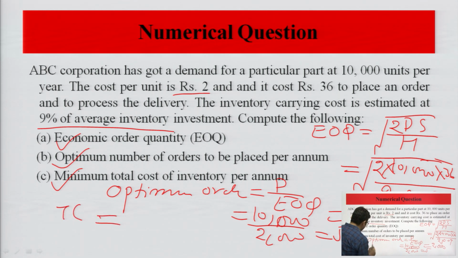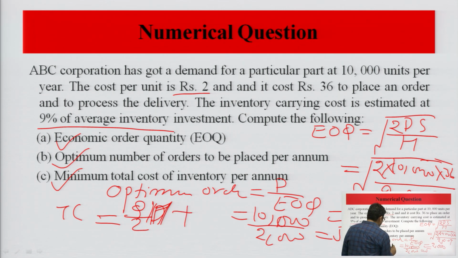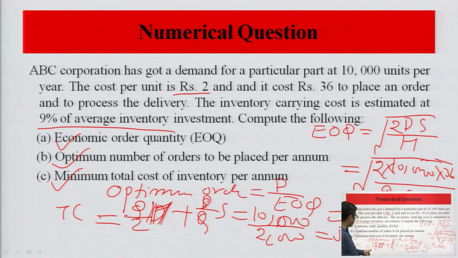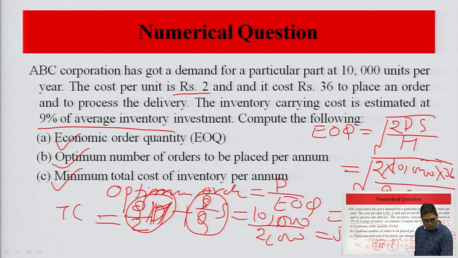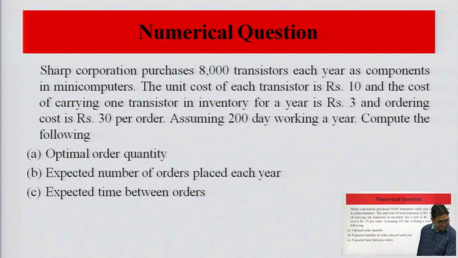The total cost is Q upon 2 times H plus D upon Q times S. As I told you earlier, this is the portion of the carrying cost and this is the portion of the order cost. So, if we sum them, the total cost can be calculated.